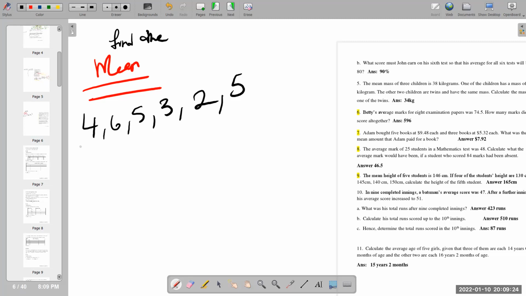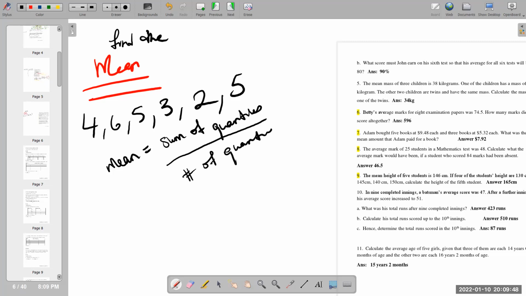Not only that, it is a guide. It's something to remind you about what you should do. Okay? So when I write the formula, I should write mean is equal to sum of quantities over or divided by number of quantities. Everybody with me? So let's go.